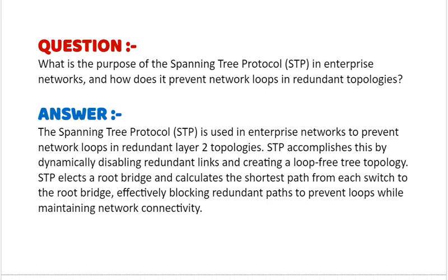STP accomplishes this by dynamically disabling redundant links and creating a loop-free tree topology. STP elects a root bridge and calculates the shortest path from each switch to the root bridge, effectively blocking redundant paths to prevent loops while maintaining network connectivity.